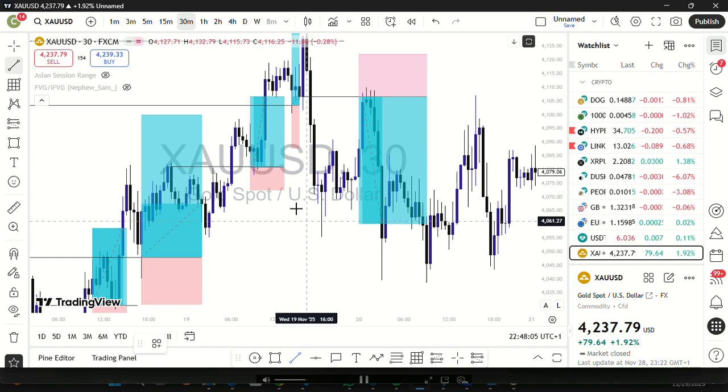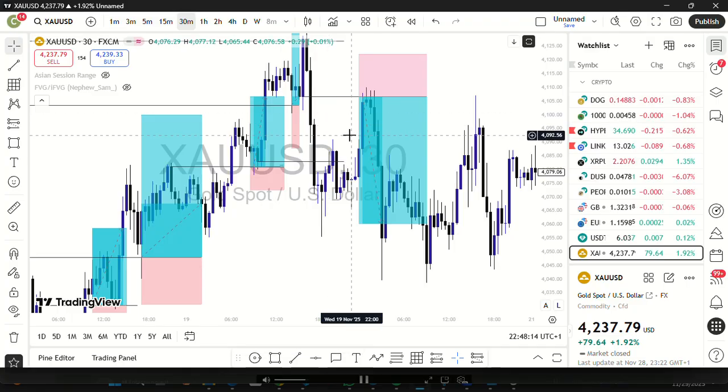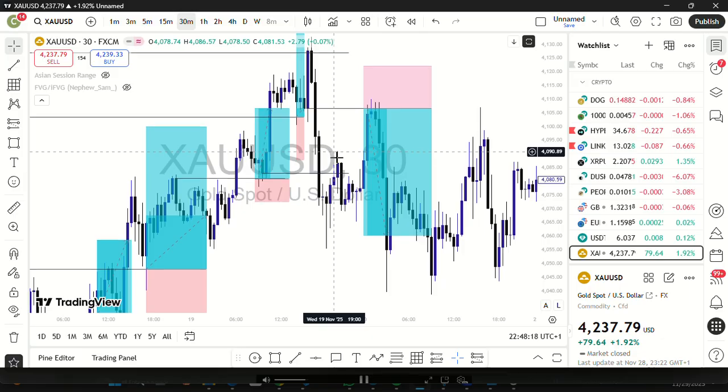Now this was another RBS, but this one failed. And this is where my second entry model comes in, which I can't be teaching you guys today. This is more advanced and more high probability than this RBS.